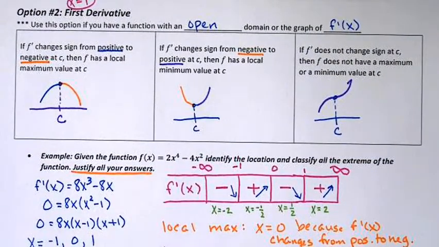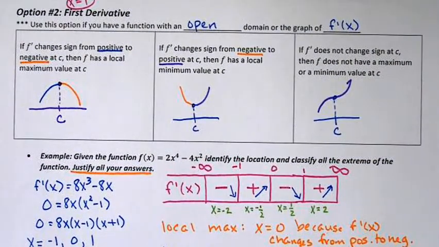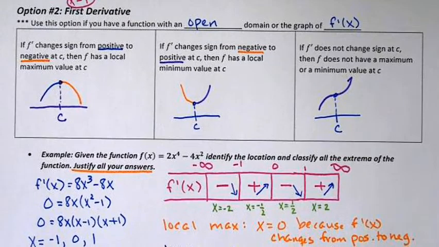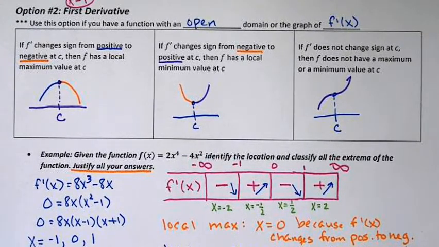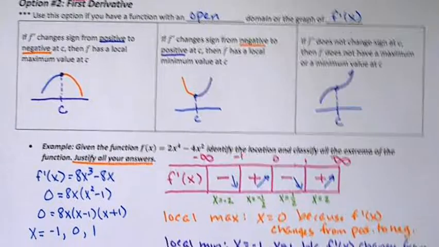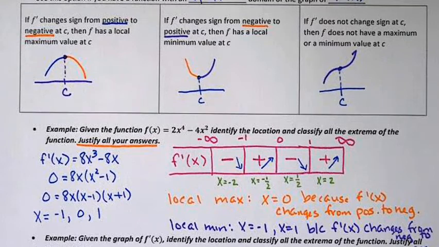So our justification here would be because f prime of x changes from negative to positive. Okay, now I'm okay with you abbreviating, but of course on the AP exam, you need to not abbreviate, all right?